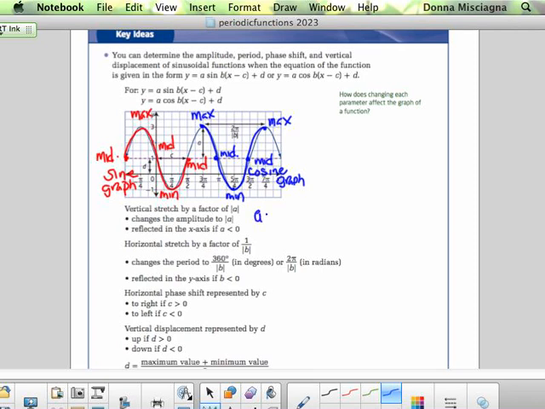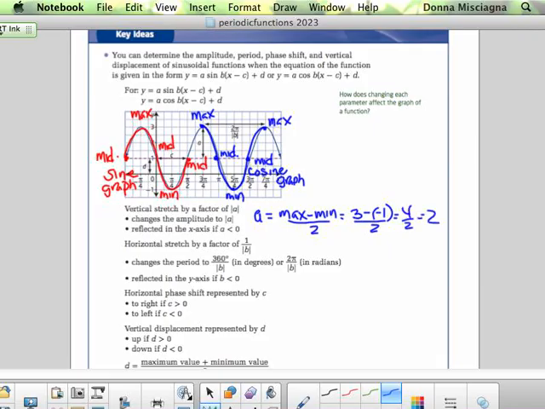So A is, the max is 3 minus the, actually let's write the formula just to remind you. So A is max minus min divided by 2, so that is 3 minus a negative 1 divided by 2. That's 4 divided by 2, or 2.